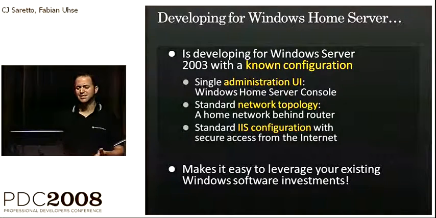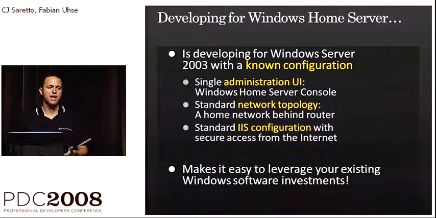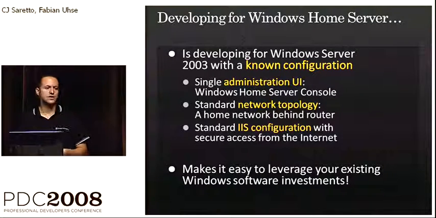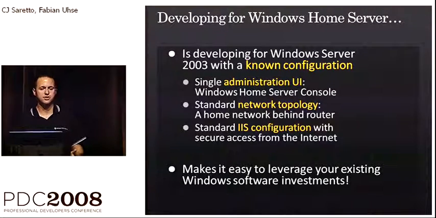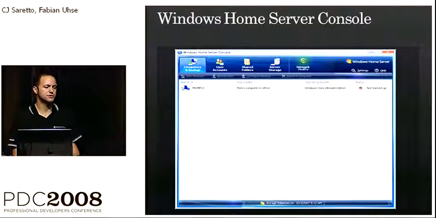And lastly, since it is just Windows, it makes it super easy to leverage the existing investments you already have in Windows software. So if you have software that runs on a PC, you want to move it to Windows Home Server, it should be extremely straightforward. Now, I mentioned the Windows Home Server console.